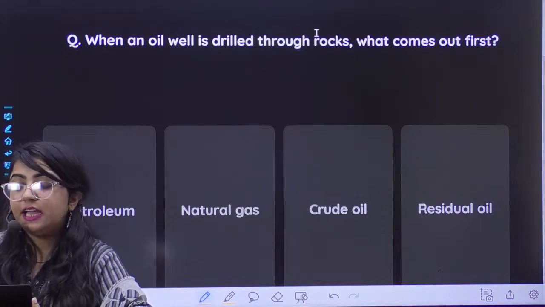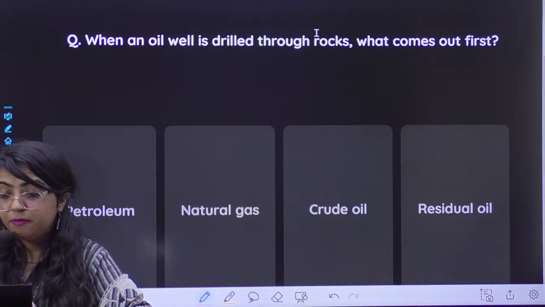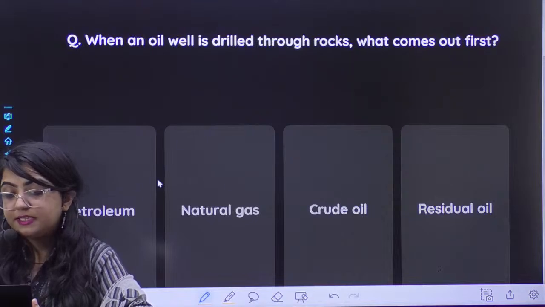It is asking that if we drill the rocks, the first fuel or first substance we will get is, please choose the correct option out of the four.